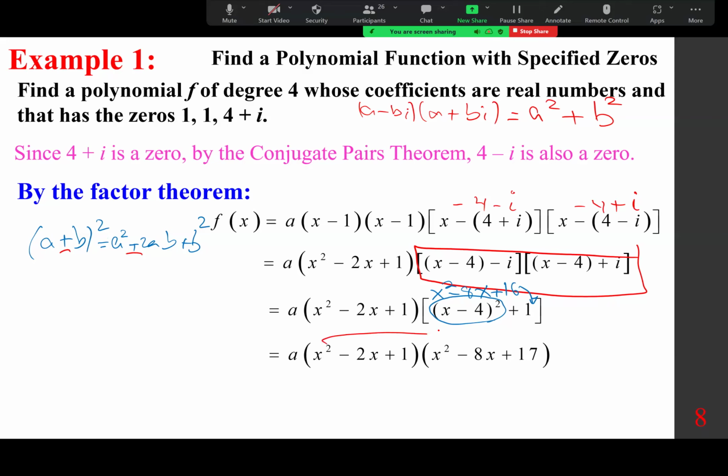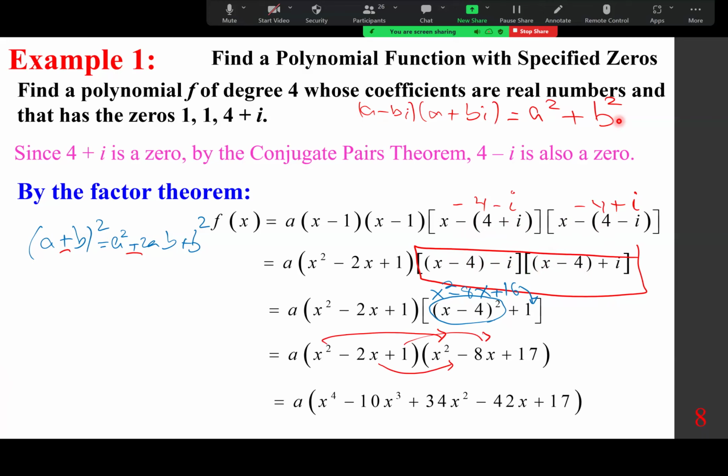You just multiply the x squared by this, minus 2x and then plus 1. Combine terms. I'm not going to go through that. The only reason I wanted to show you this is to make sure you understand how to handle this, how to write this, and then how to multiply by this methodology. This will speed up the process.